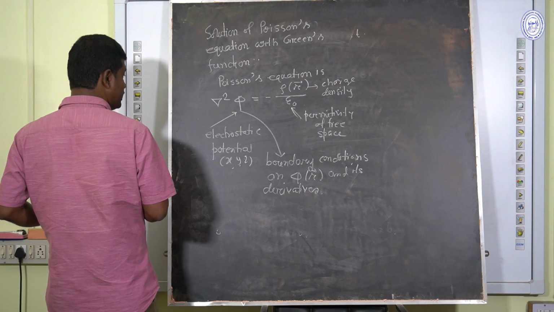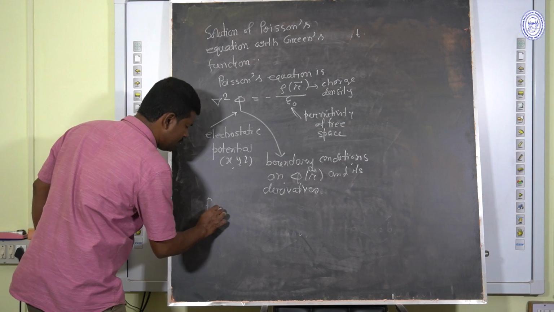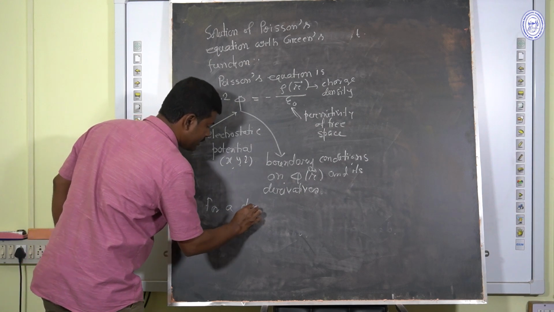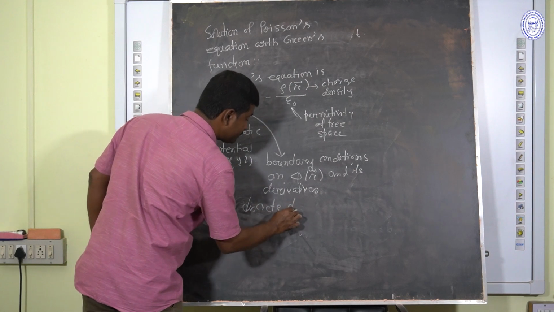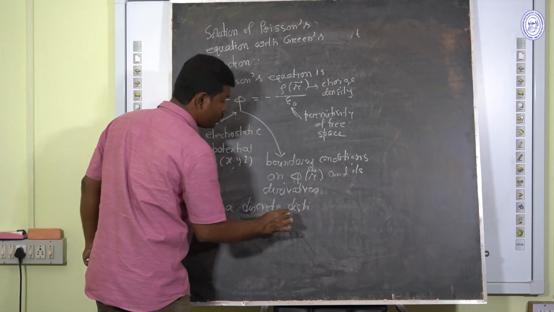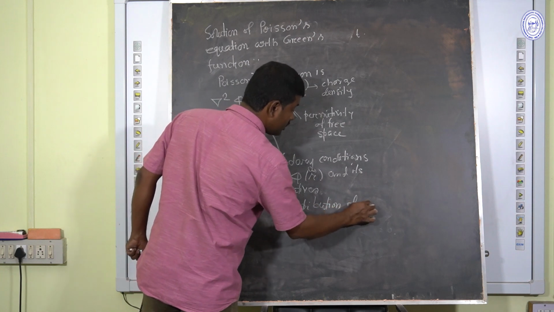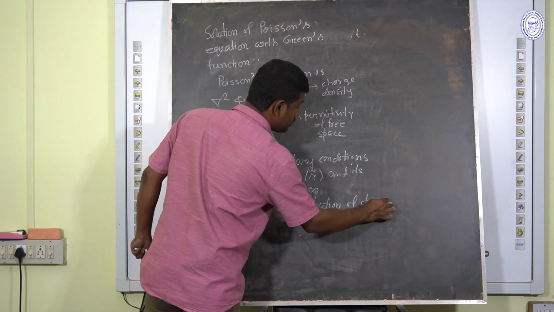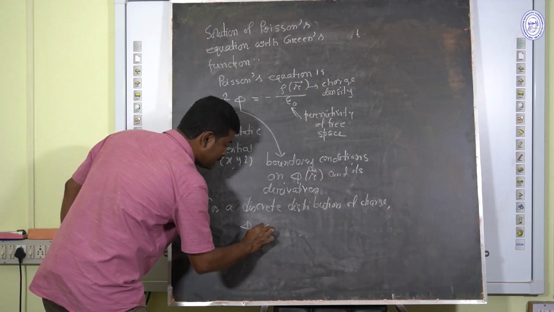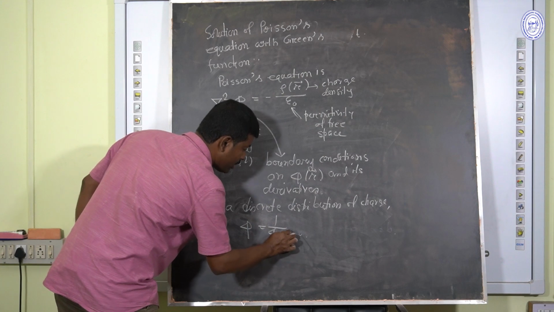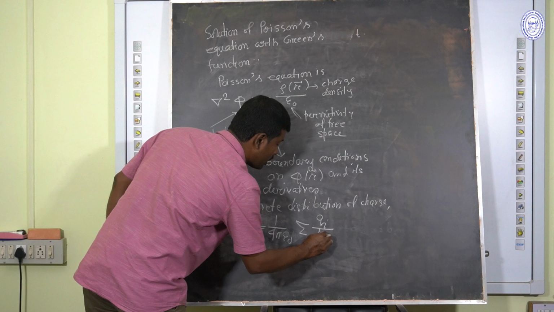And we know that the solution will be like this for a single point charge, for a discrete distribution of charge. Phi will be 1 by 4 pi epsilon 0 summation over Qi by Ri.